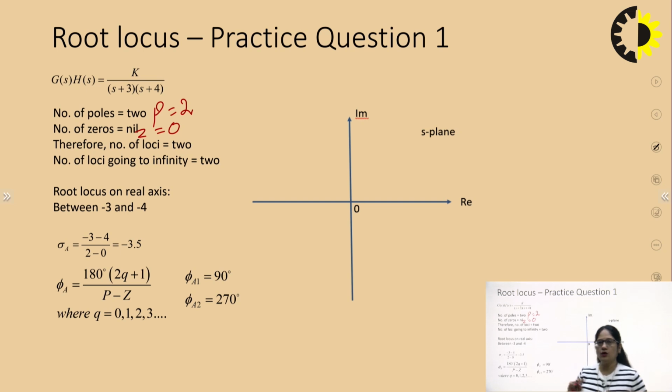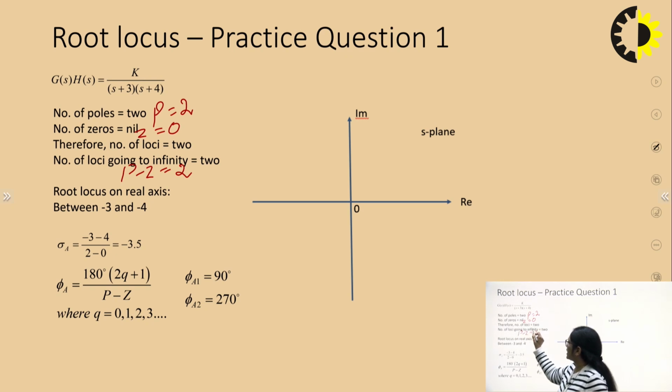Therefore, how many loci will be drawn? It depends on the number of poles and number of zeros in the system. So, the number of poles is 2 and the number of zeros is 0. Therefore, the number of loci, that is P minus Z, will be 2. Therefore, the number of loci will be 2.